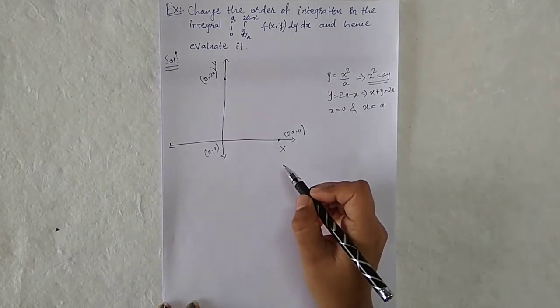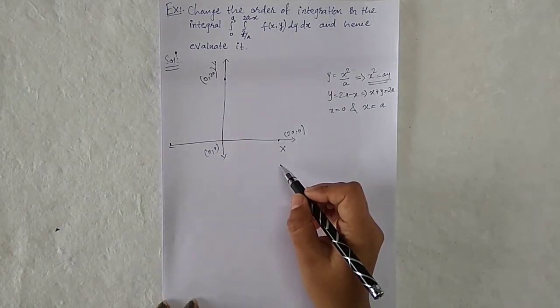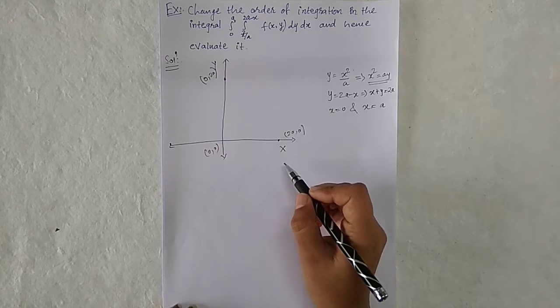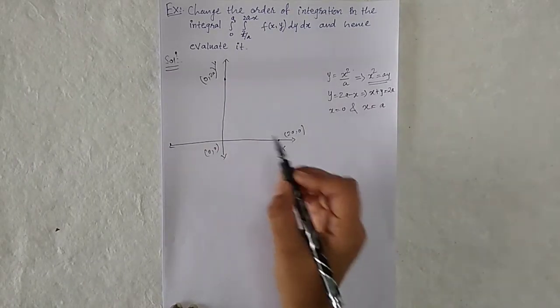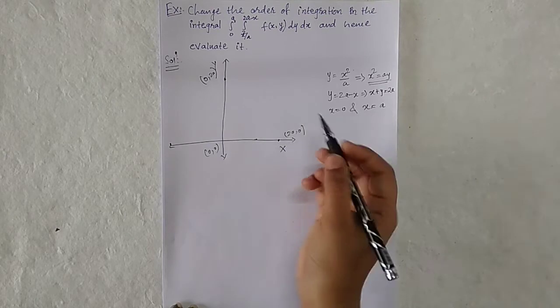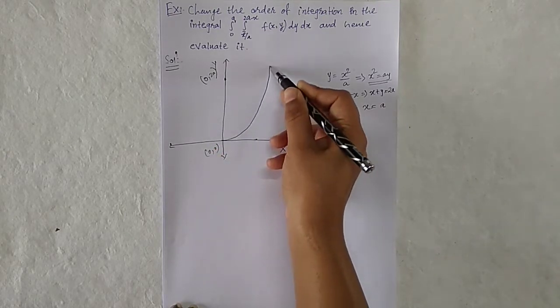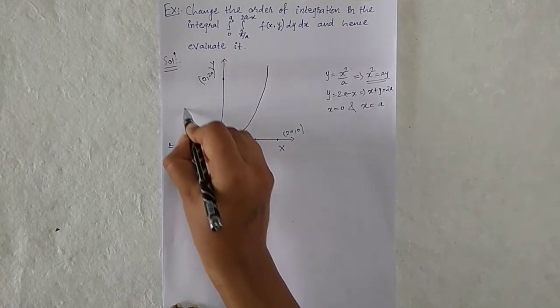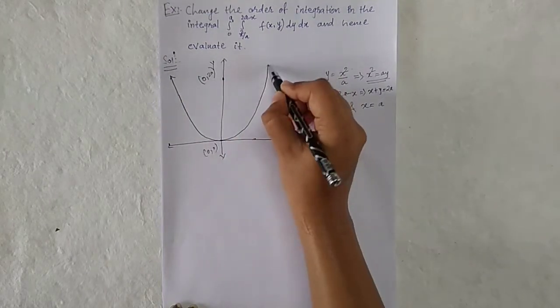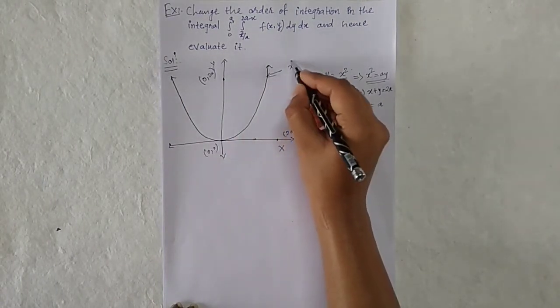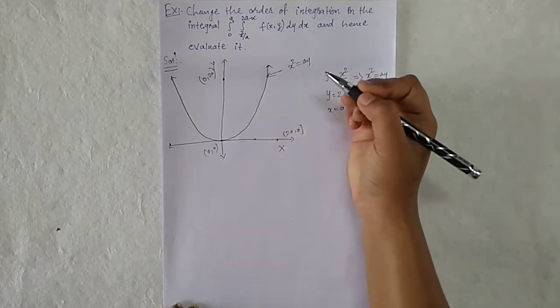So x square is equal to ay. Here is some a. Suppose this is my graph of x square is equal to ay.